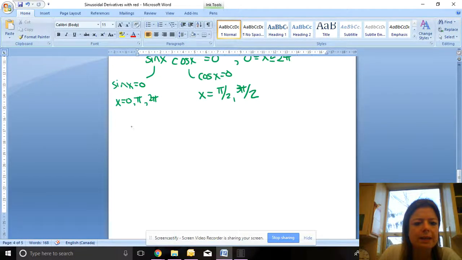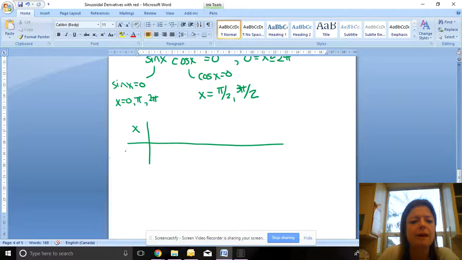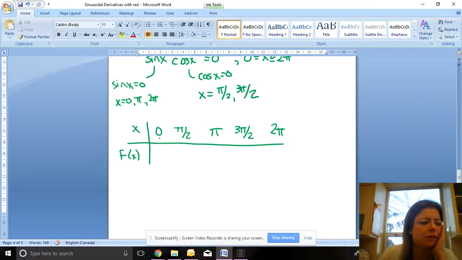So what I did here is I set up a table of x and the actual function, not the derivative. So here are my 5 numbers in order. Okay, and I actually put these into the function. So when you put this into the function, you get 1.